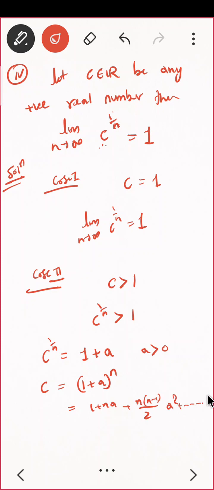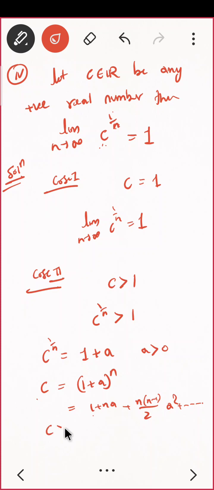Last term will be a raised to n. So can you relate this? Can you relate C and this term? Here I don't require this 1, because you will see later on that I don't require that 1 here.